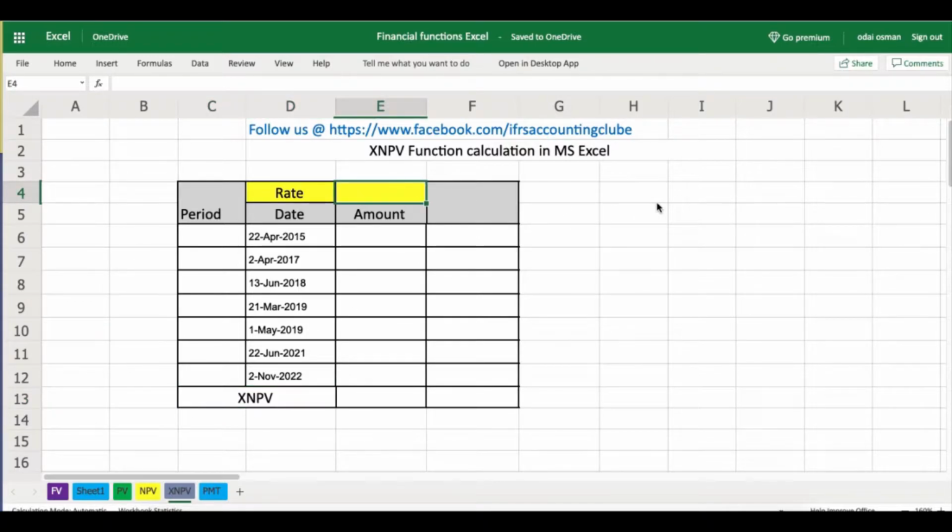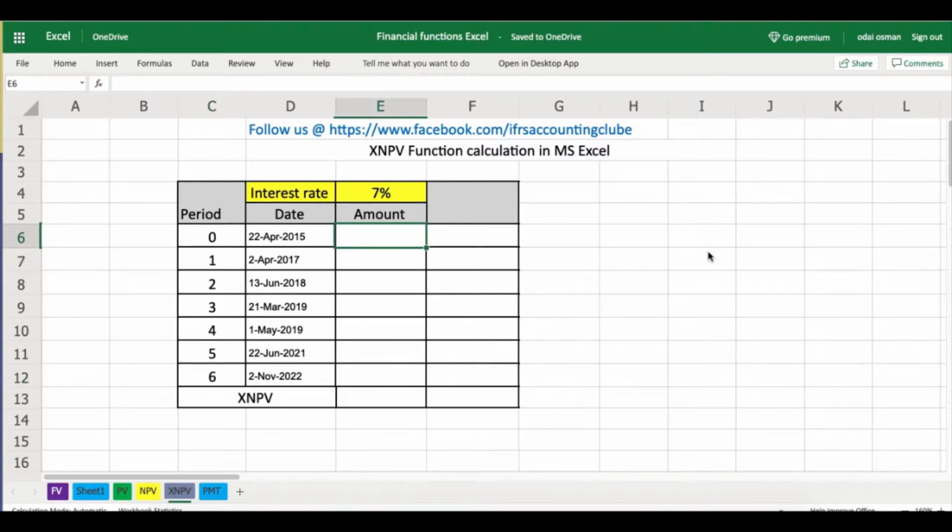Let us assume the interest rate is 7%, and we have the periods from year 0, the first period, up to the last period, which is the 6th.